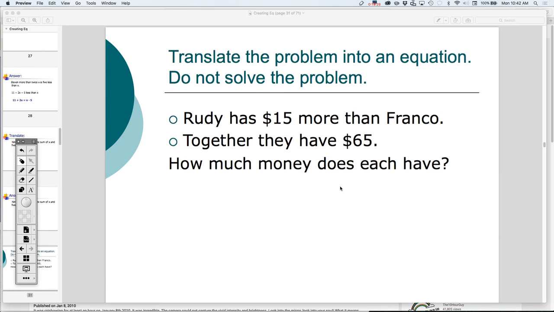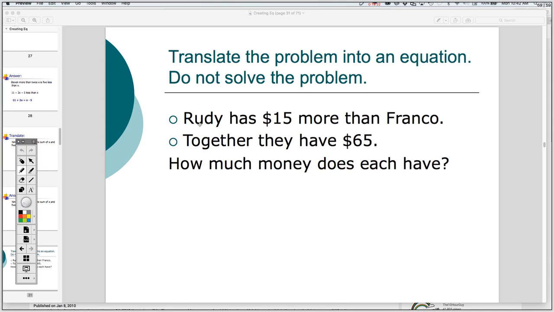So what would you put for Rudy has $15 more than Franco? 15 plus x. Okay, 15 plus, do you want to use x though? F. All right, so we're getting the F from the first letter. What about Rudy? We didn't say anything about him. And what does has mean?